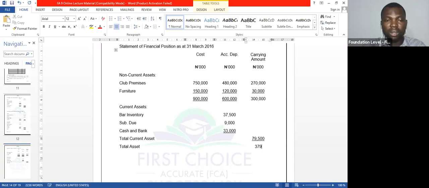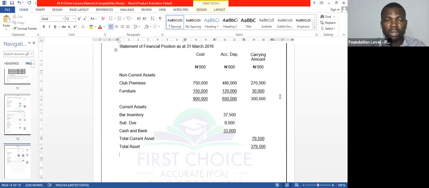So we have this figure, and we have closed that account. The next one is for us to start the other side. The statement of financial position has two sides, the left-hand side and the right-hand side. So we now move to the equity and the liability section.